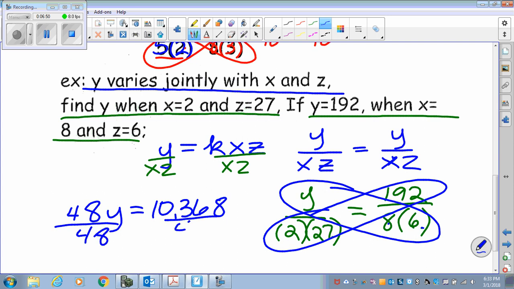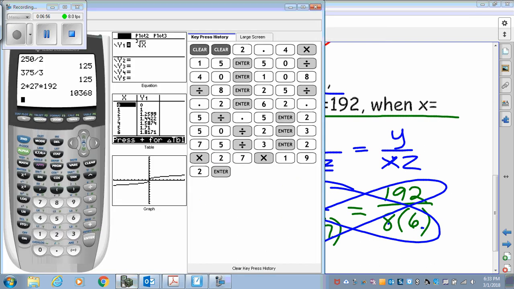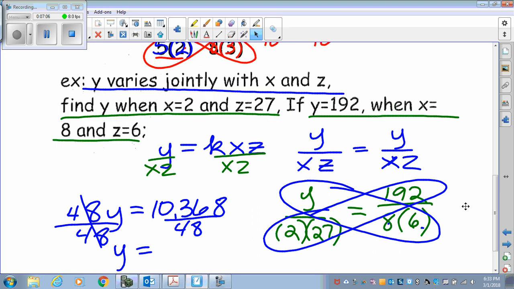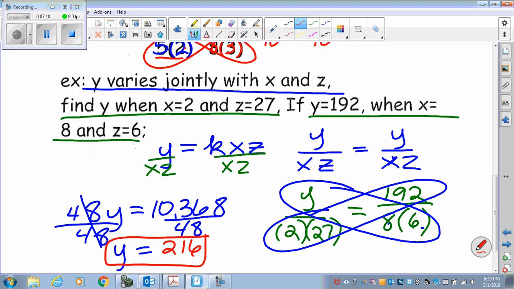So I get y equals that divided by 48, and I get 216. All right, so my answer there for y is 216. Make sure you answer the question, what do I find? It's always good to circle what am I trying to find, and make sure you find it.